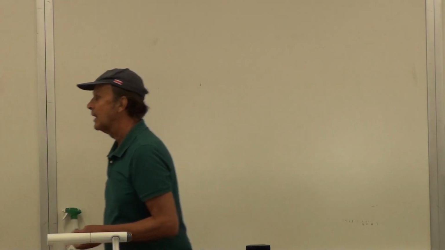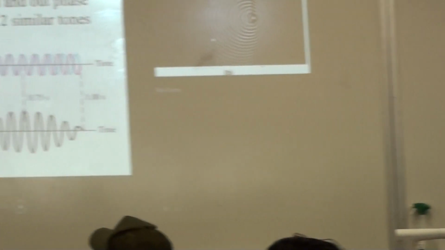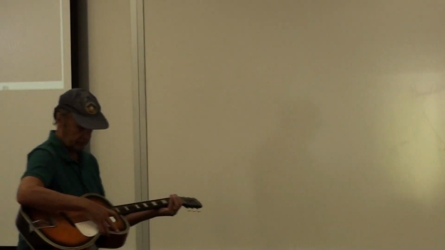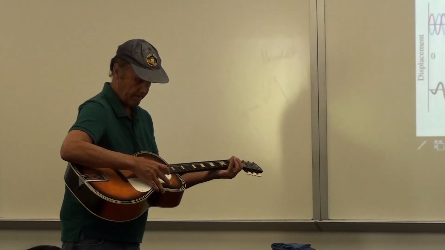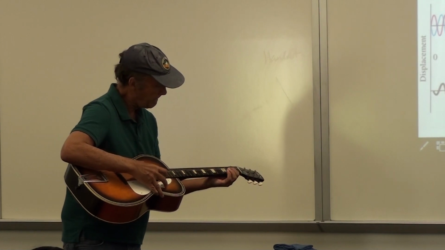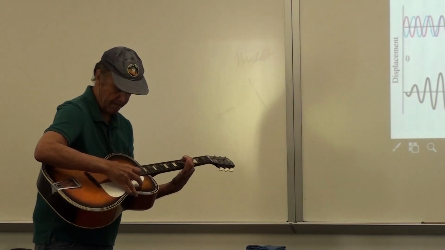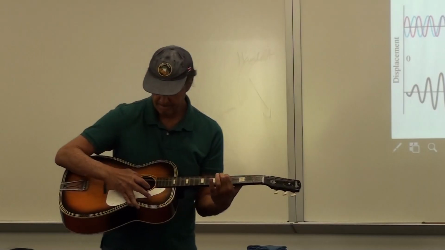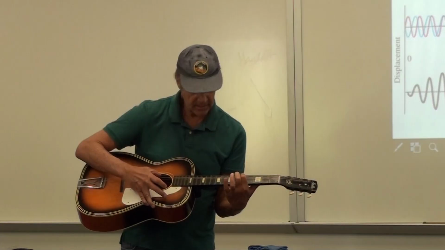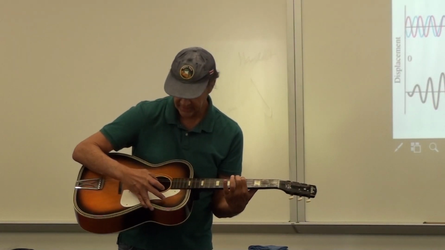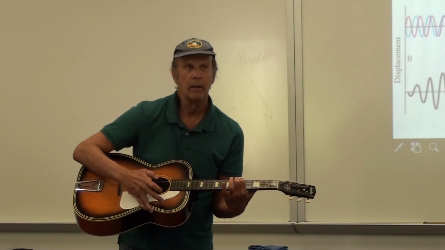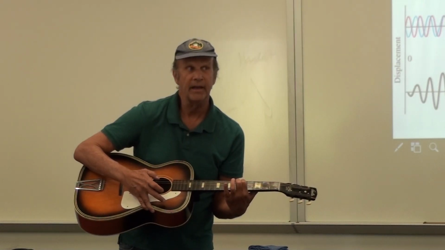In a guitar, a lot of times to tune a guitar you'll have a certain string, you'll pluck it, and then you shorten one of the strings by a certain specified amount. By shortening the string by this amount, you hear it go in and out of phase.